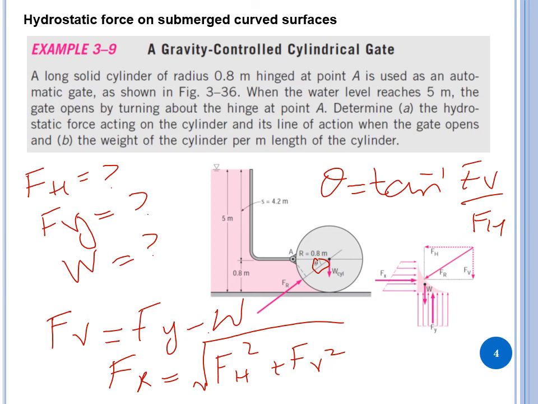So in this way you can find out the hydrostatic force acting on the cylinder and its line of action when the gate opens.